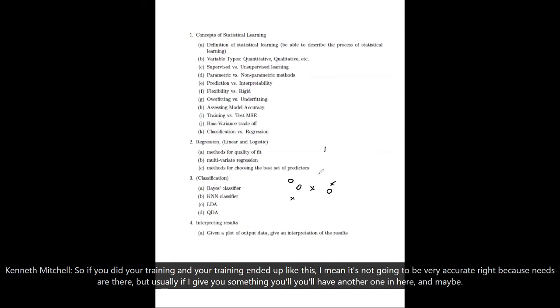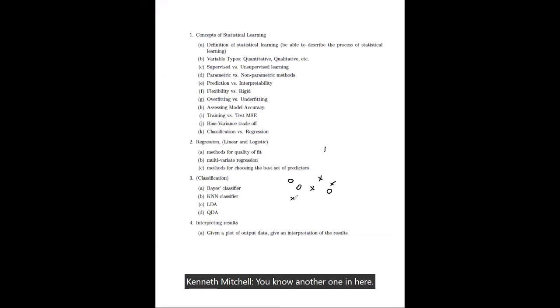But usually, if I give you something, you'll have another one in here, and another one in here, and another one, closer or something. So you can get a group here and a group here and another group here, so it's a little bit easier. But that's the idea of doing the KNN.